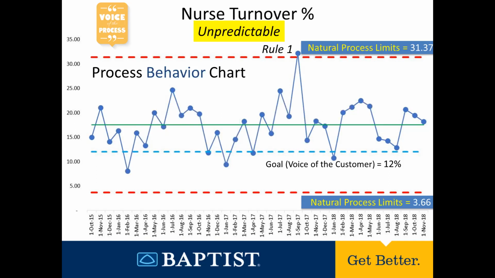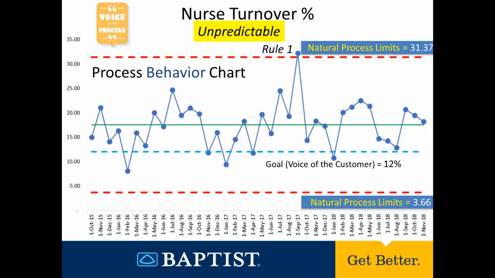Each and every signal on a process behavior chart represents an opportunity to gain more insight into your process. When a process is unpredictable, like this one is, the outcomes will vary without any regard for the natural process limits, those red dashed lines.